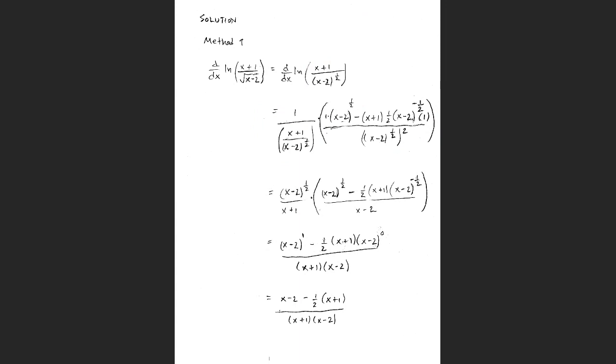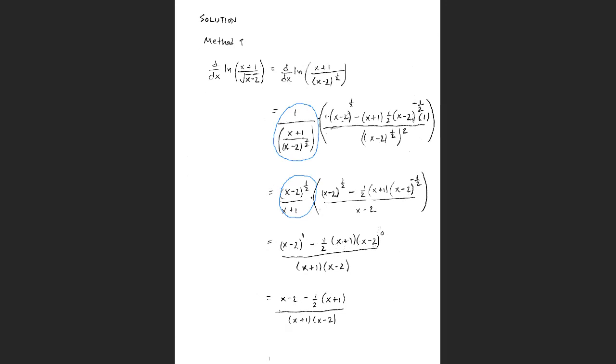All right, well, so now, thank you, Nicholas. So now in front here, you have this 1 over a fraction. That's going to just equal the reciprocal of the fraction. Right?